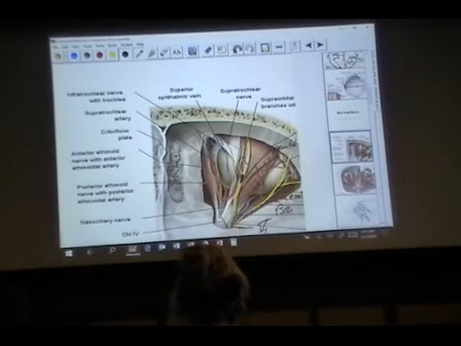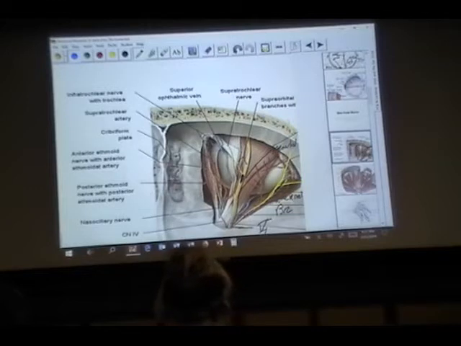And then over medially, from a deeper perspective, we have these nerve branches here that are coming more medial and going actually into the nasal cavity. And then one of them actually goes out here underneath this trochlea, and these are nasociliary.